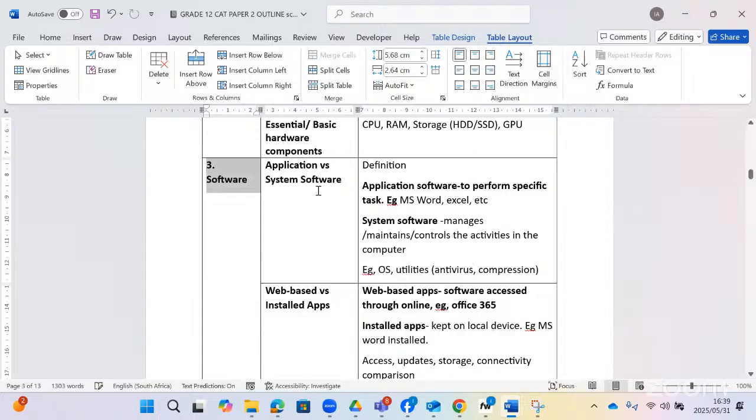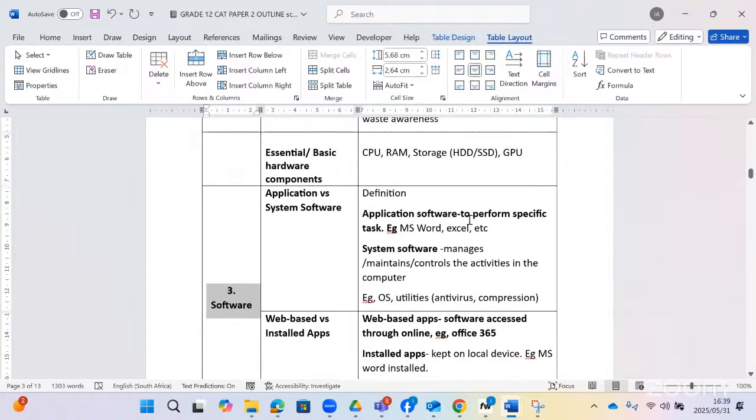Now, when it comes to the software issues, you must know types of software. That's application software versus system software. The application software performs a specific task. System software is software that manages or controls the activities of the computer. Now, you must know the definition or how to compare these two.